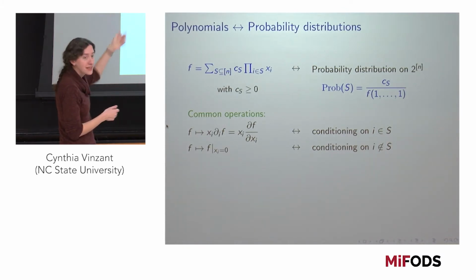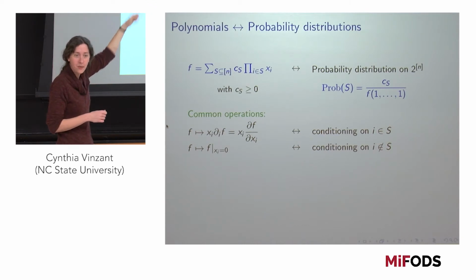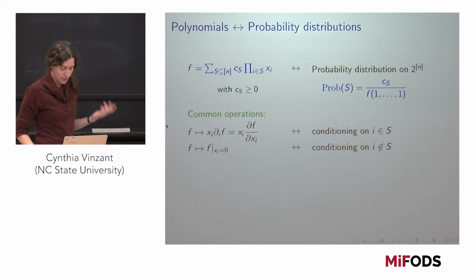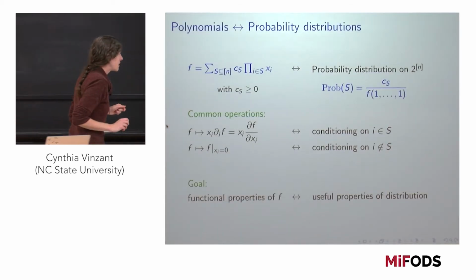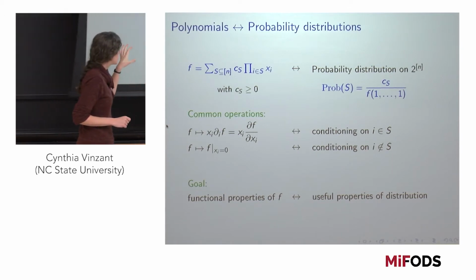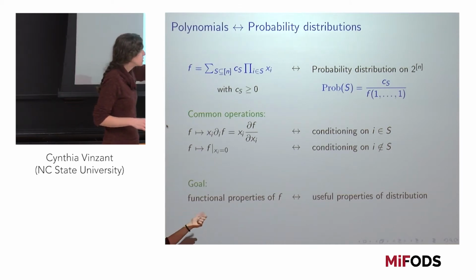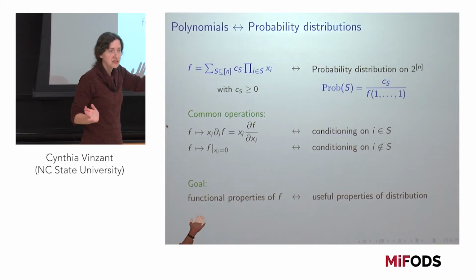Similarly, if I set a variable equal to 0, then the only terms that survive in this polynomial are ones that didn't have that variable in them. So it's useful bookkeeping. And even more useful is that sometimes functional properties of f, as a polynomial or as a function on R^n, can translate into useful properties of this discrete probability distribution.